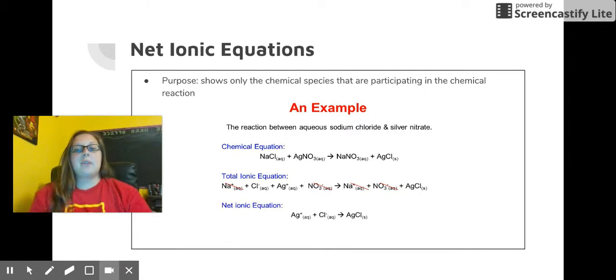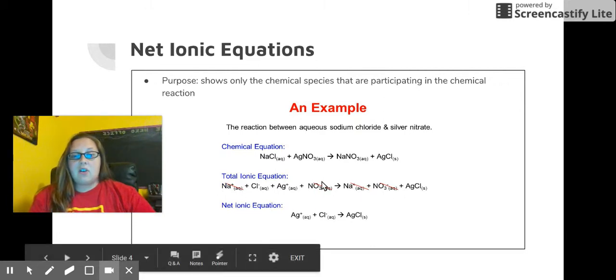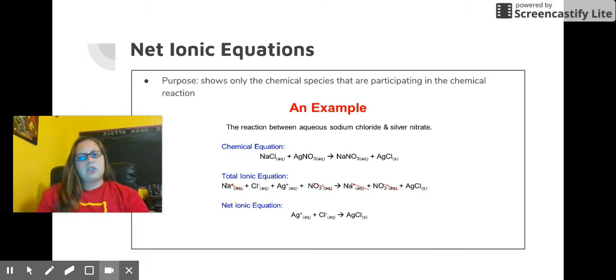So now we do something that we call getting rid of spectator ions. Again, that is called spectator ions. Those spectator ions are the ones that you see crossed out in red here. What a spectator ion is, think about a baseball game or a football game, right? You have the players which are on the field, and they're doing the action, but then you have the spectators, the fans, just sitting and watching.